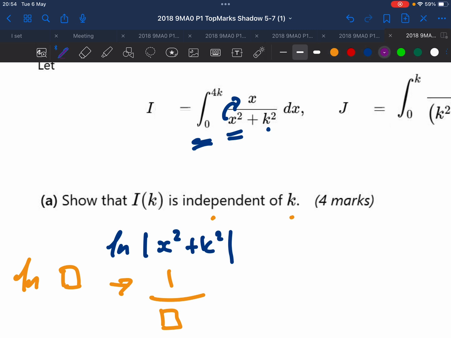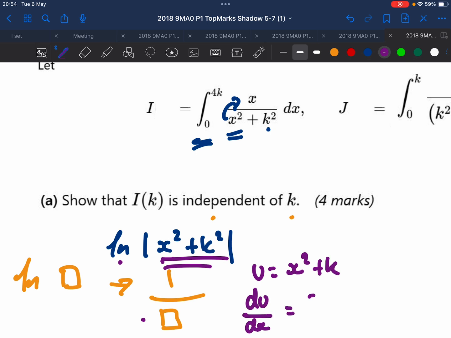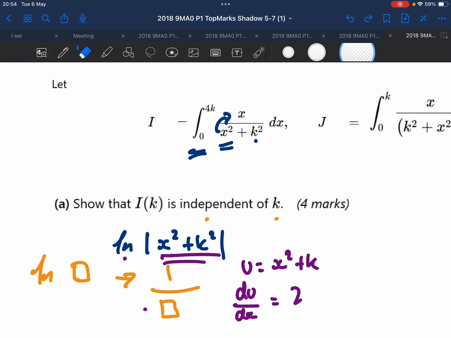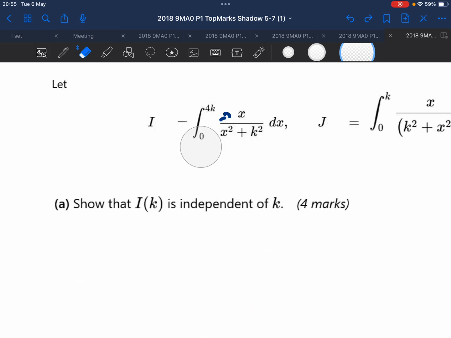The x part is going to have something to do with the fact that, if you imagine u equals x squared plus k, can you see that du dx is 2x if k is a constant, and that is like the same power of this one here, so it's going to have something to do with that.